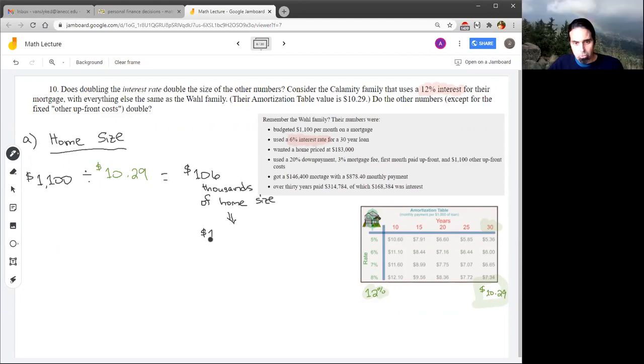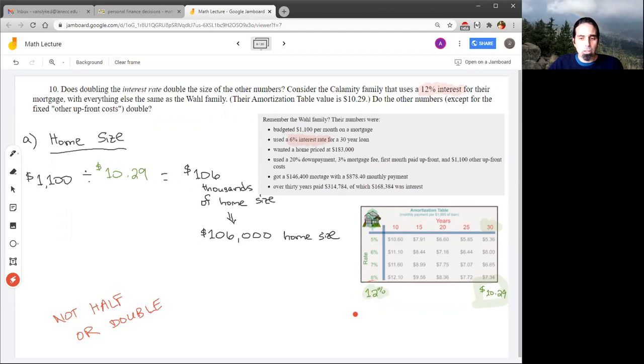We'd rather make it look like a number. Still not half or double. No, it's not. So we waited to the wrong point in history.